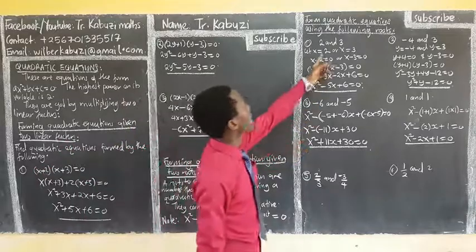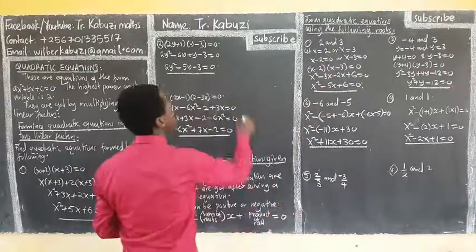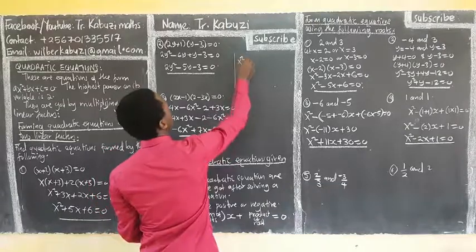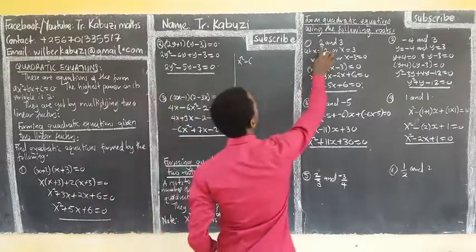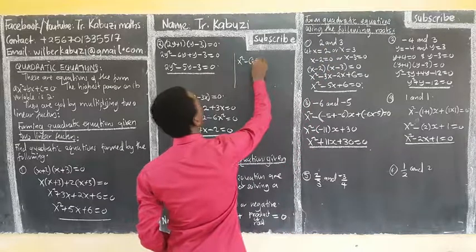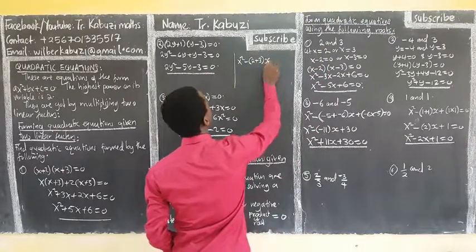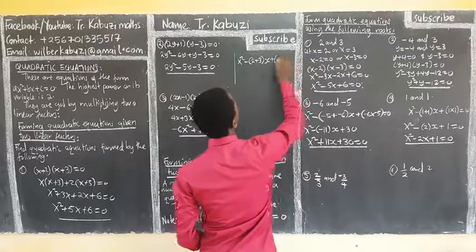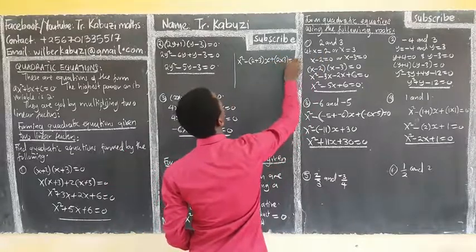Now, even if you try this, let me try this one here. Let me try them here and you see. We are going to be having x squared, then minus the sum. You add this and this. So 2 plus 3, then into x, then plus their product. This times this equal to 0.